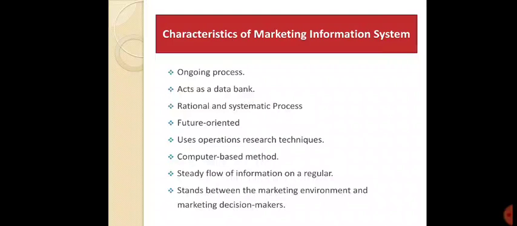And the next very important characteristic of marketing information system is that it is a computer based method of data collection, processing and storage. And the next is management gets a steady flow of information on a regular basis, the right information for the right people at the right time and at the right cost.